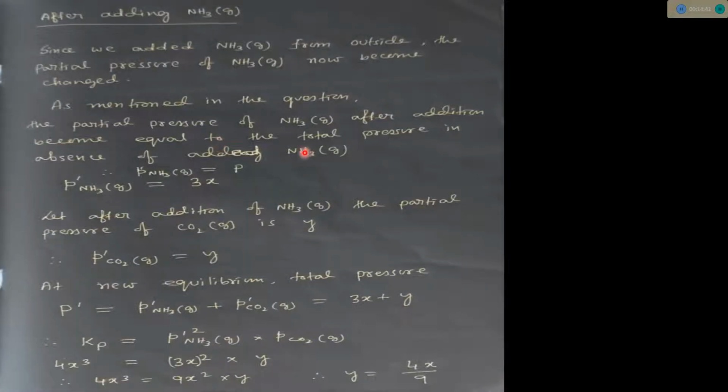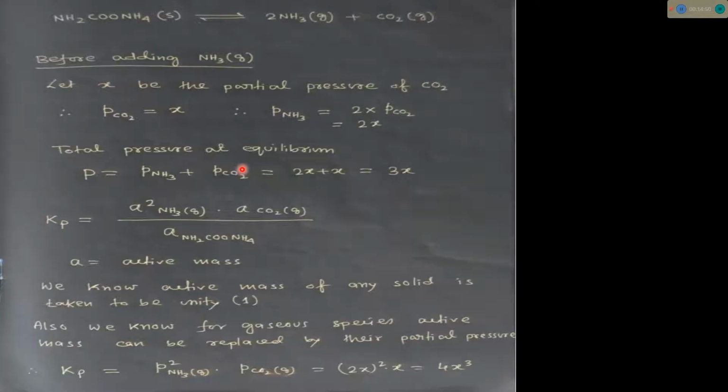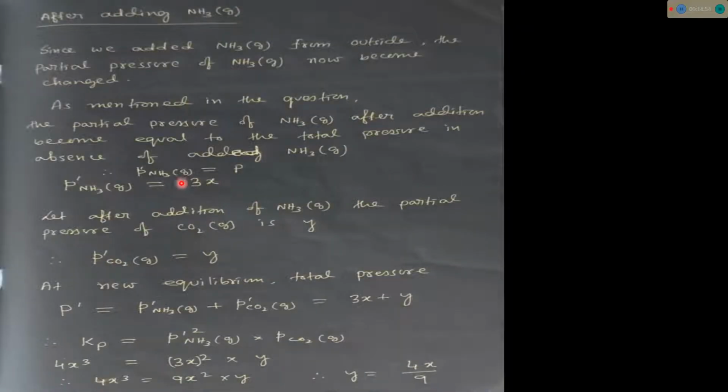So in the question they mentioned that p prime NH3, the new partial pressure of ammonia gas, is equal to P. We calculated that P is equal to 3x, the total pressure. So p prime NH3, the new partial pressure of NH3 gas, becomes capital P, that is equal to 3x.